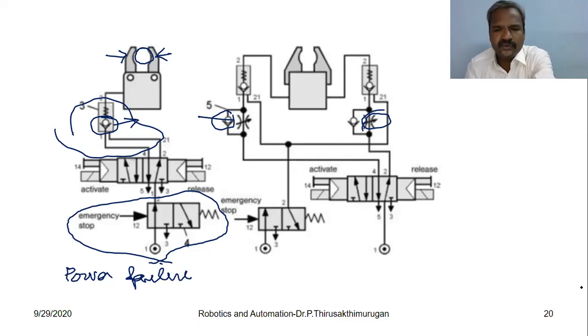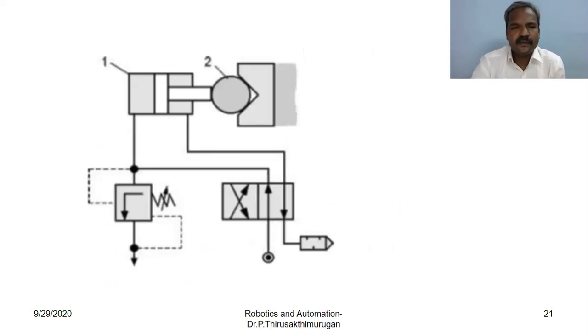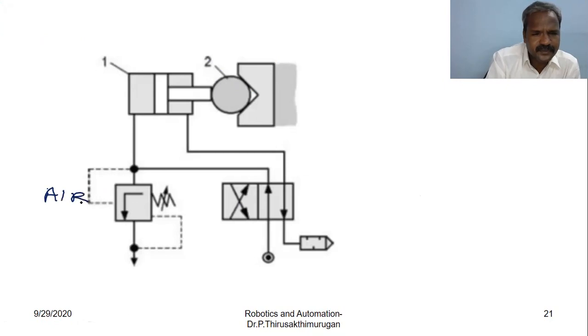So this is the limiting of gripping force. This one is a pneumatic cylinder. You see this object, same configuration. Here we have to maintain the gripping force. The limiting of gripping force should be operated with the help of pressure, with the help of an air regulator.